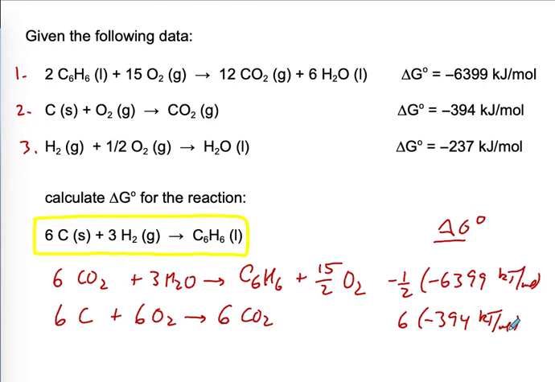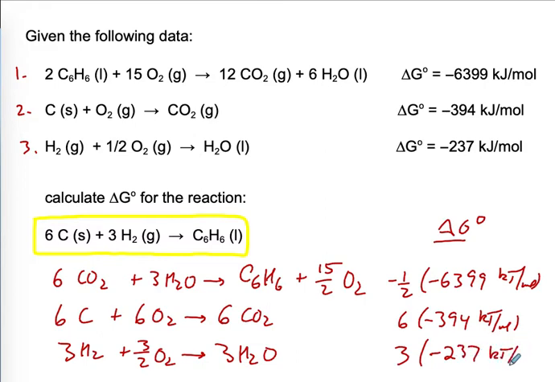And then finally, to get 3 moles of hydrogen on the reactant side, I will take equation number 3 and multiply it by 3. 3H2 plus 3 halves O2 reacts to form 3H2O, and delta G for that will be 3 times the standard free energy change of equation number 3, or 3 times negative 237 kilojoules per mole.